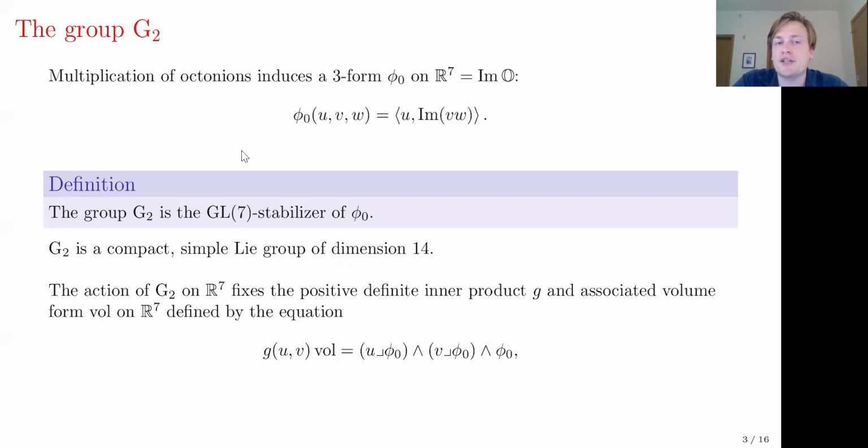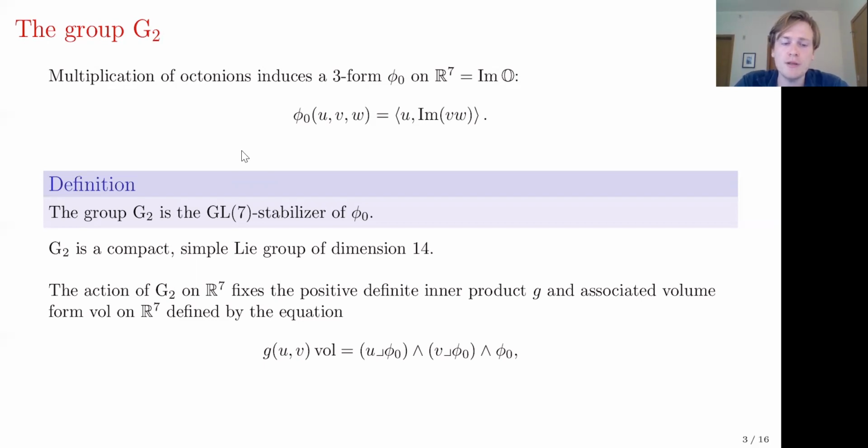And these objects are actually defined by this equation that says that g(u,v) times vol, which should be a 7-form on the left-hand side, should be equal to: take u and hook it into phi0, wedge that with v hooked into phi0, and wedge that with phi0. So that object on the right-hand side is a 7-form because u hook phi0 is a 2-form, v hook phi0 is a 2-form, and phi0 itself is a 3-form. So the thing on the right-hand side is a 7-form. And the claim is that you can write that as g(u,v) times the volume form.